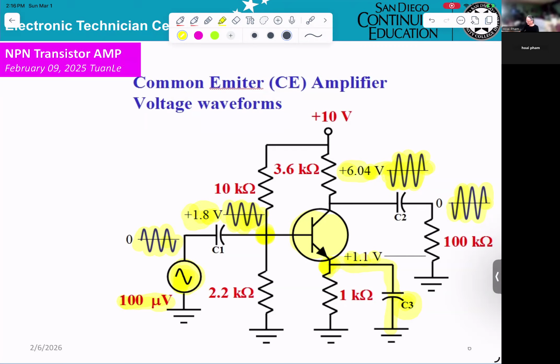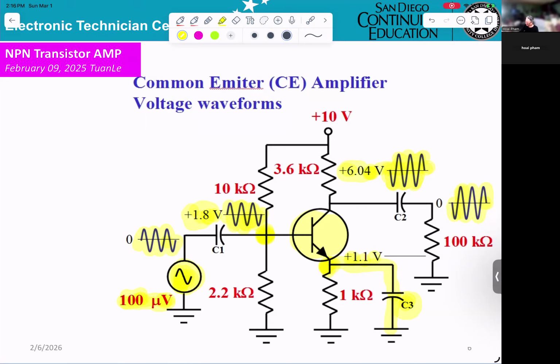This picture is very good for everyone to try to understand. When you are using the oscilloscope, you have to know how to measure the signal at the base. You can see the big difference. The thing is, sideways here, the voltage is very, very small, 100 microvolt.